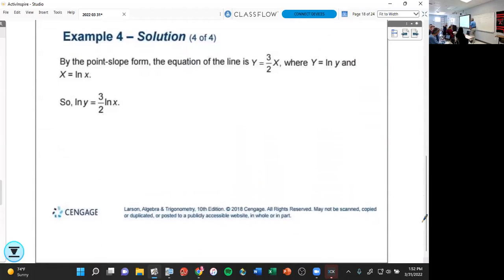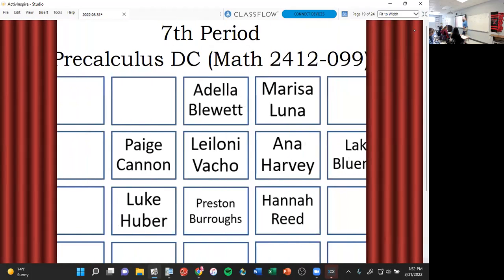By the point slope form, the equation of the line is y equals 3/2 x, where y equals natural log of y and x equals natural log of x. Therefore, again, natural log of y equals 3/2 natural log of x, and that is it.